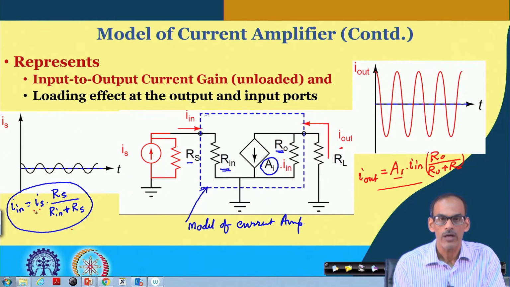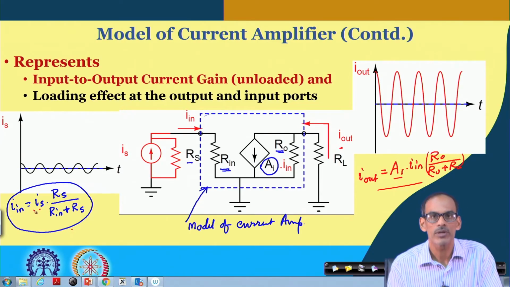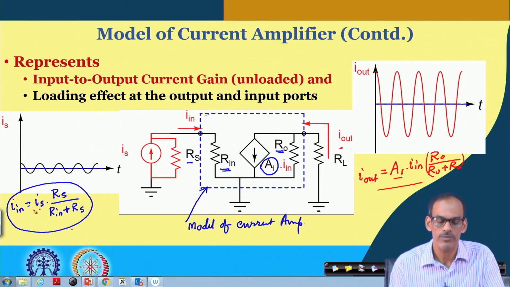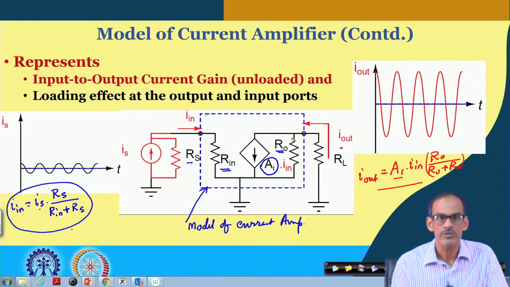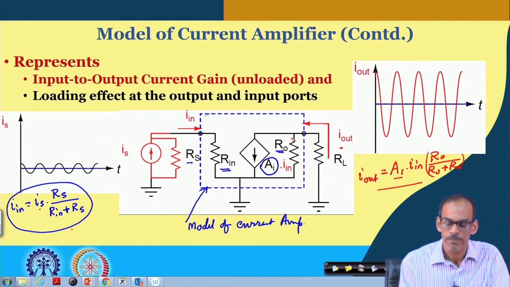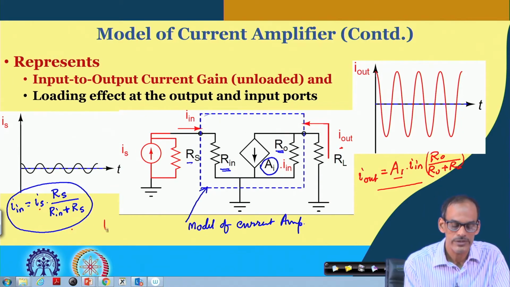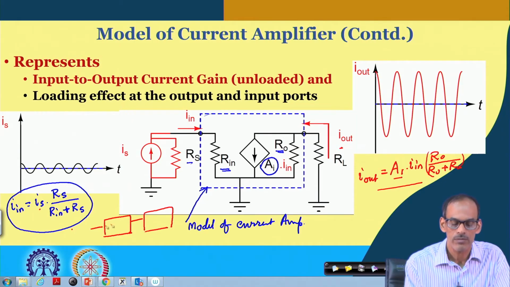In case we have a circuit with multiple stages, if each stage can be broken into a current amplifier, then each amplifier stage can be modeled by this circuit. You can have one current amplifier followed by another, and then the primary input and primary output.